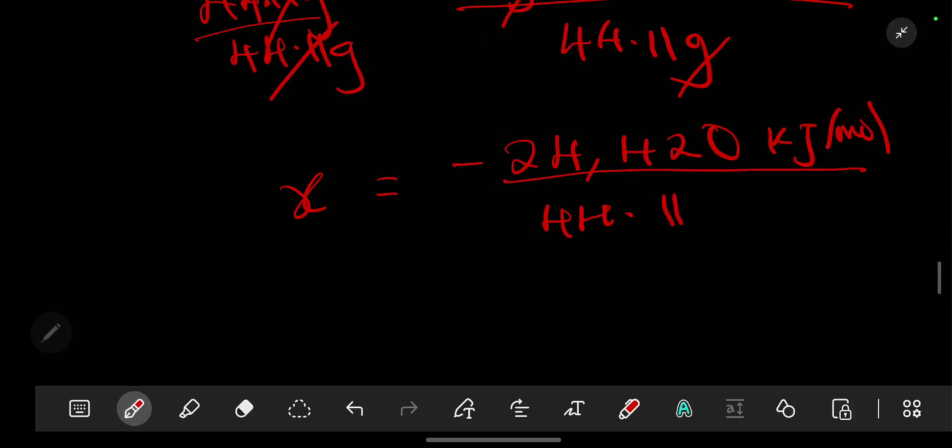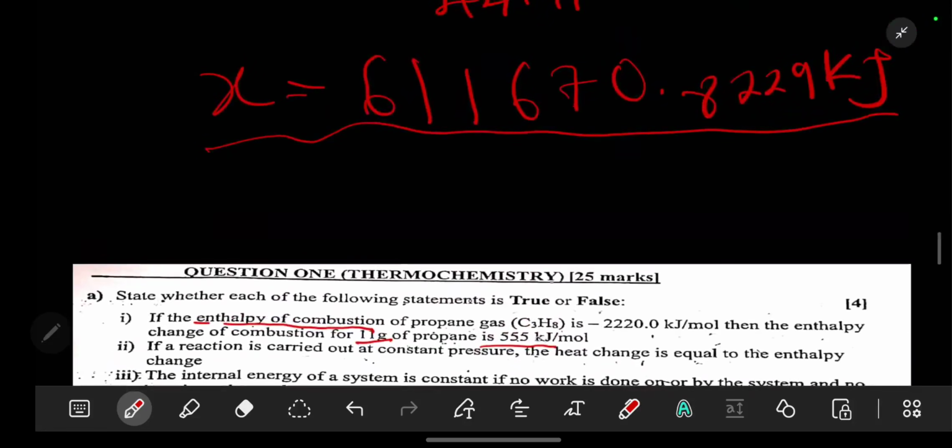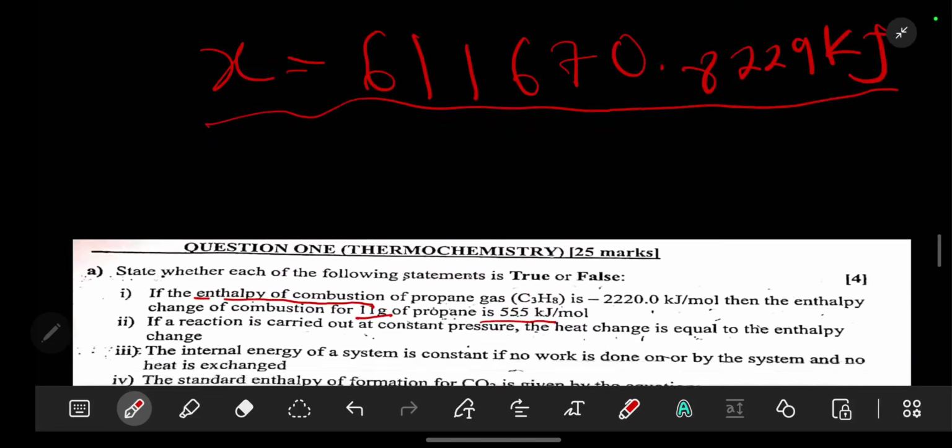Dividing this, negative 24,420 divided by 44.11 gives us a value of x equal to negative 553.62 kilojoules per mole. So if you see, this is positive, that is negative.